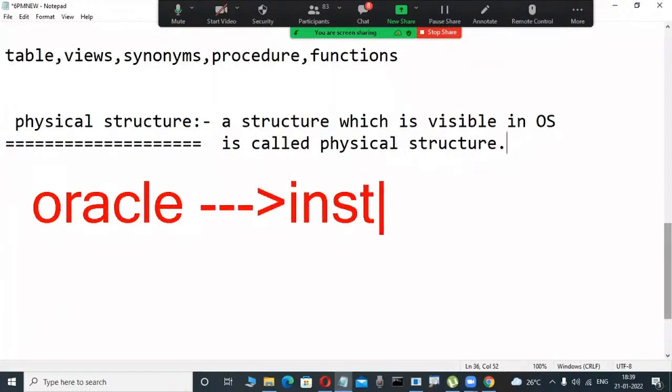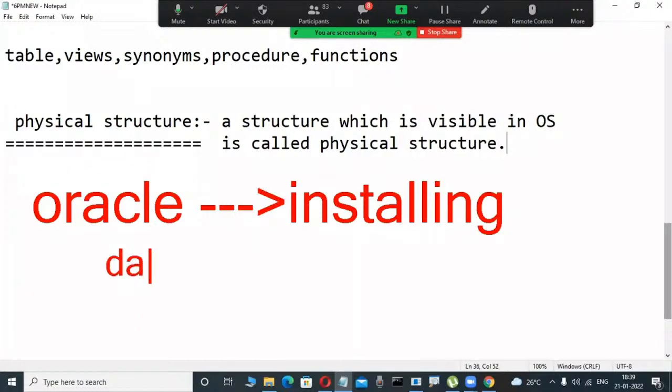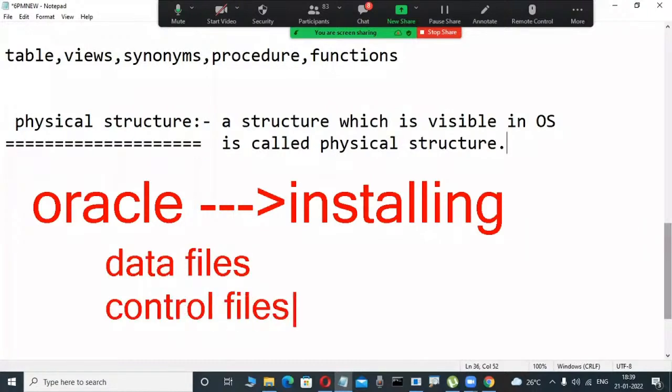Whenever I'm installing Oracle, automatically some physical files are created. Those are called data files, .dbf files, control files, and also redo log files. You don't have an idea about these things yet. In the future, in the DBA concept, this is a rough introduction in our course.